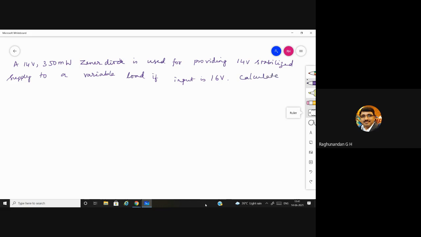Calculate the value of series resistance. Second one, diode current when load RL is equal to 1 kilo ohm.